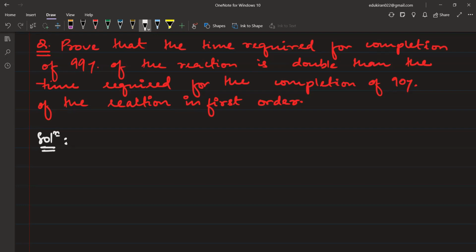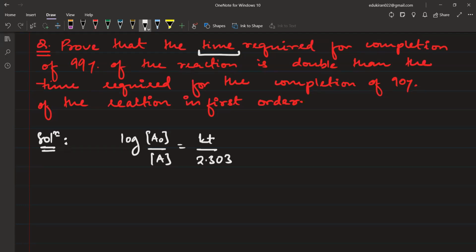Okay, so first of all, we are going to write the equation. What is the equation? Log of A naught upon A is equal to KT upon 2.303. Now we have to do everything with respect to time. So I will now convert this equation with respect to time.